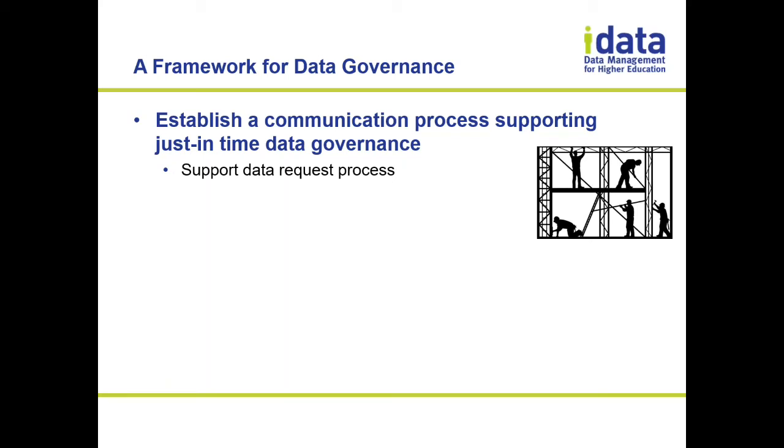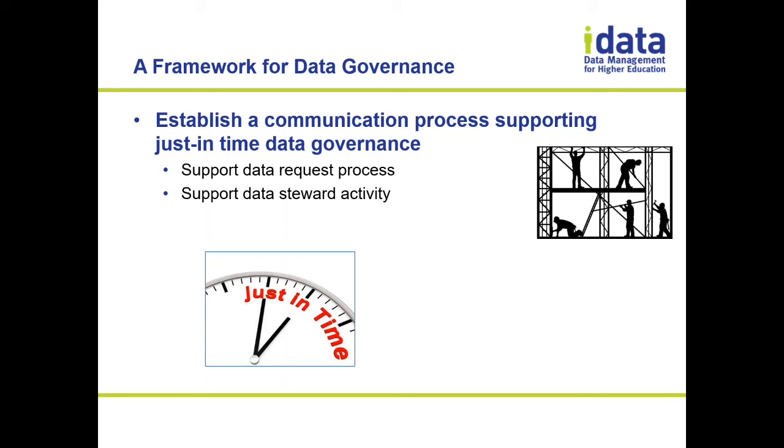If people, while they're doing data requests, or answering questions about data or looking at data, are interacting with your knowledge base and with governance, then they're going to continue to add to the content and get the answers they need when they need it, and it'll grow with every question being asked. But it also should support your data steward activity.